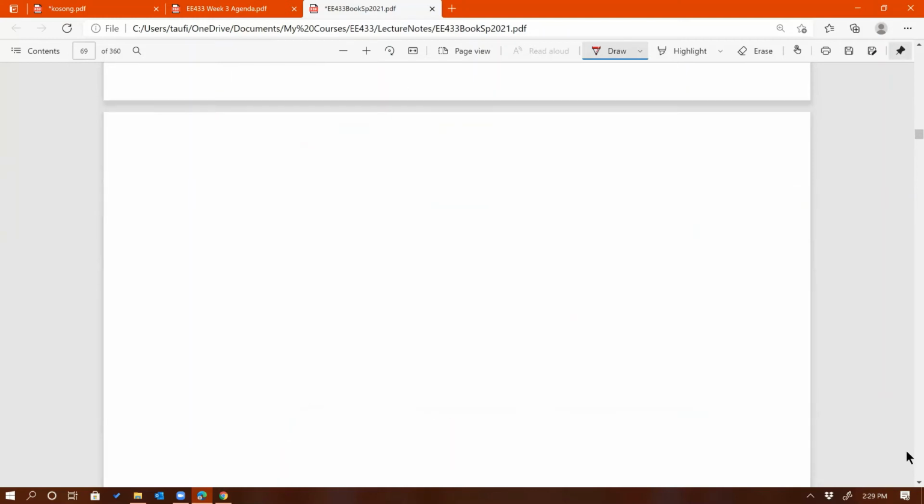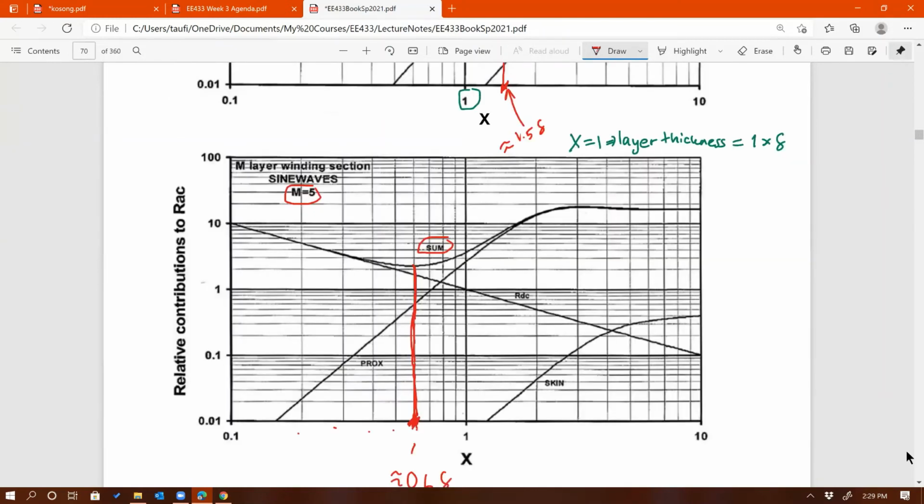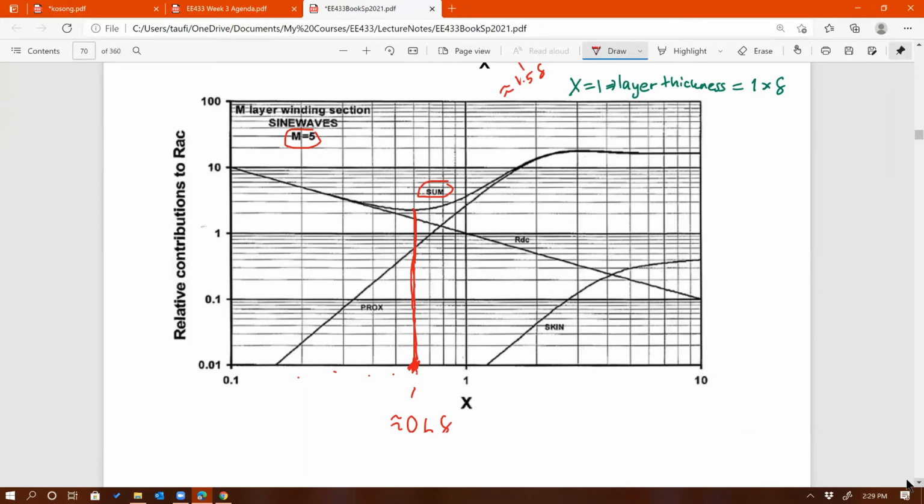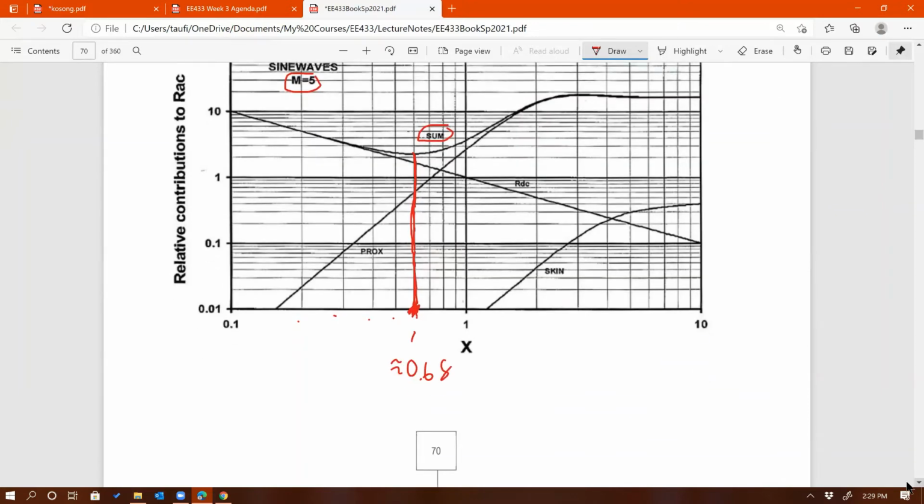I'm a little confused about what X is, because on the X scale, you just have numbers, but then you multiply it by the skin depth. So is X unitless, and then the layer thickness equals X times skin depth? Yeah, so X is the layer thickness. Let's say I have one layer. For the first example, let's go to the first example.